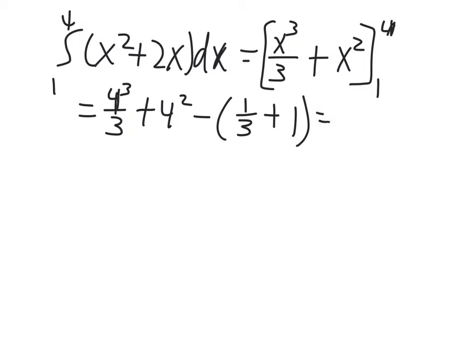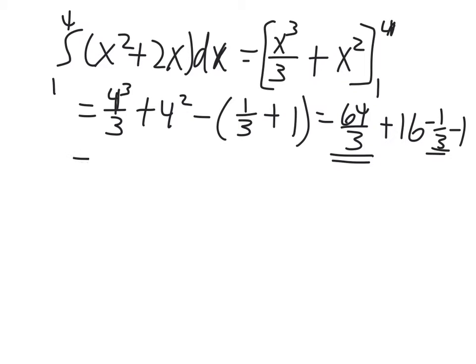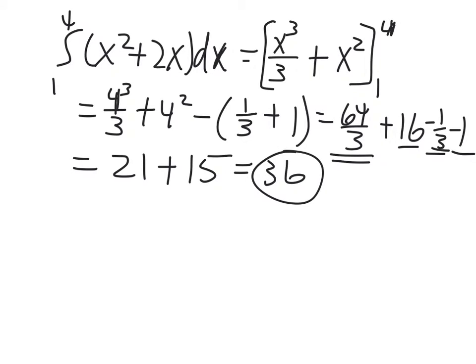So what we get, 64 over 3 plus 16 minus 1/3 minus 1. Well, 64 over 3 minus 1 over 3 would be 63 over 3, which turns out to be what? 21? 63 divided by 3. And then plus, well, 16 minus 1 is 15. And there's our 36. So the formula that we have does work.